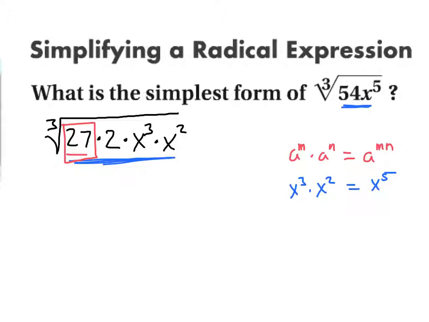What do I get? Look at your chart if you don't know. What's the cubic root of 27? 3. What is the cubic root of x cubed? Just x. And so then we are left with, inside our radical, 2x squared.